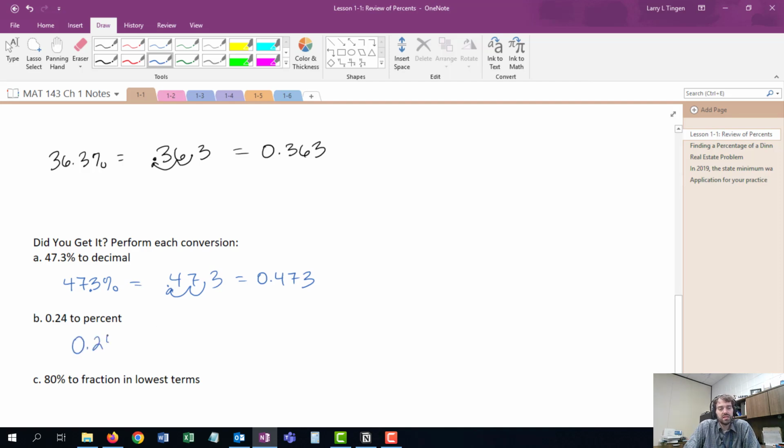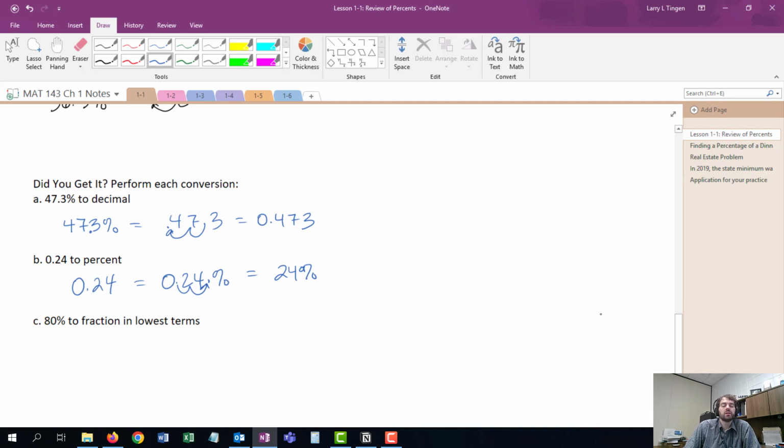To go percent to decimal, I was dropping the sign and moving 2 places to the left. Well, if I want to go from decimal back to percent, I move the decimal 2 places to the right, which is the opposite of what I did before. And then I add the percent sign back. So that becomes 24%. So 24 hundredths, 0.24, is 24%.